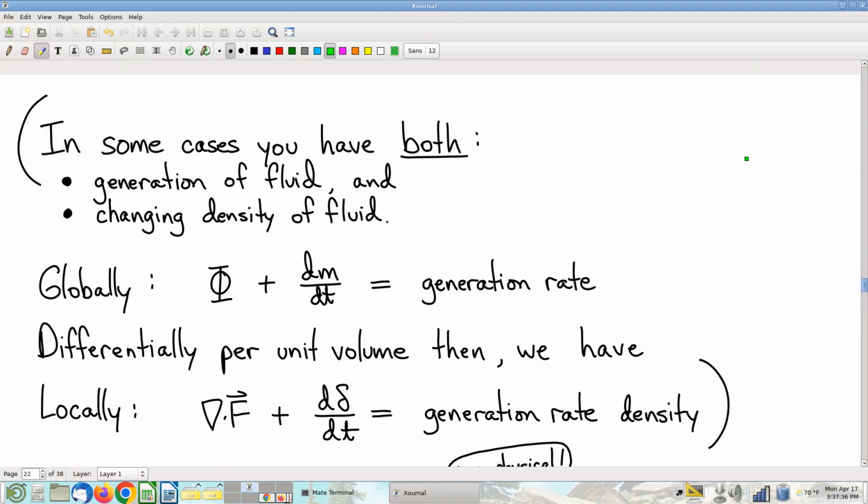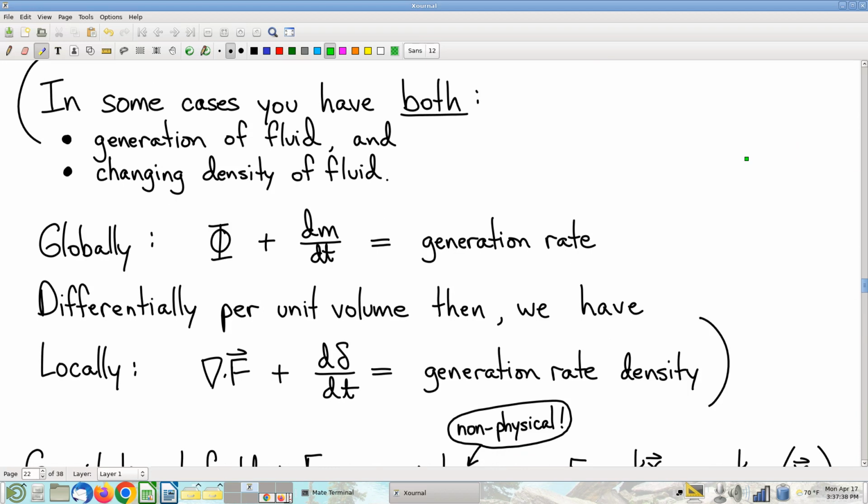Now, the 2 examples that we've seen are kind of extremes on a spectrum. I want to point out that sometimes, depending on the fluid, and I don't want to get off into examples and worrying too much about this kind of stuff. This is more engineering than what we have time for in this course. But I just want y'all to be aware that you might have both of these.